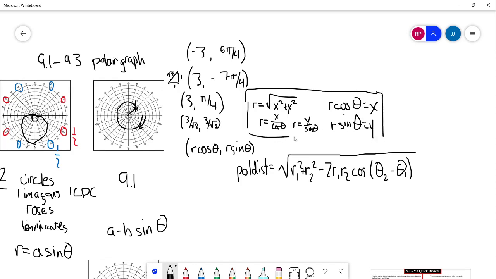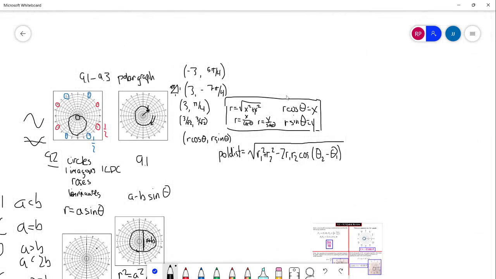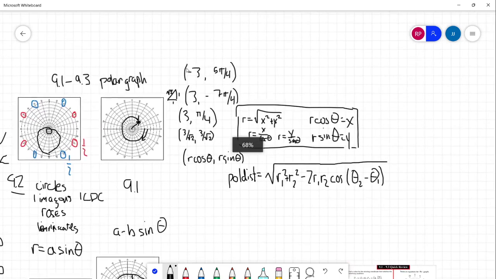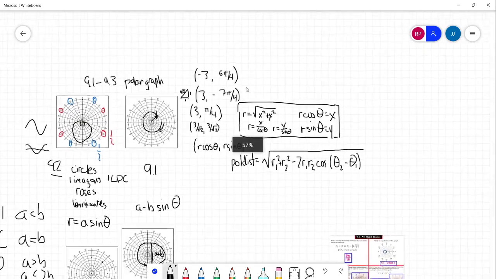So remember, this whole section is about transferring equations from polar to rectangular and vice versa, where before we were working on transferring points to polar and rectangular and vice versa. Now this is around equations.